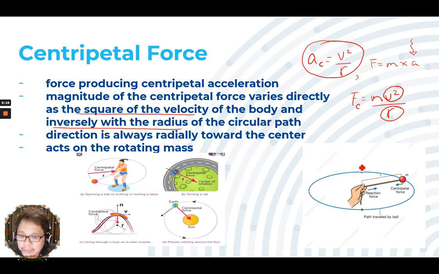Here in this figure, the radius is given by the length from here to this point. In this figure, the radius is from here to here. In this figure, from here to here. And in this figure, from here to here. Those are the radii. It's directed towards the center and it acts on the rotating mass.